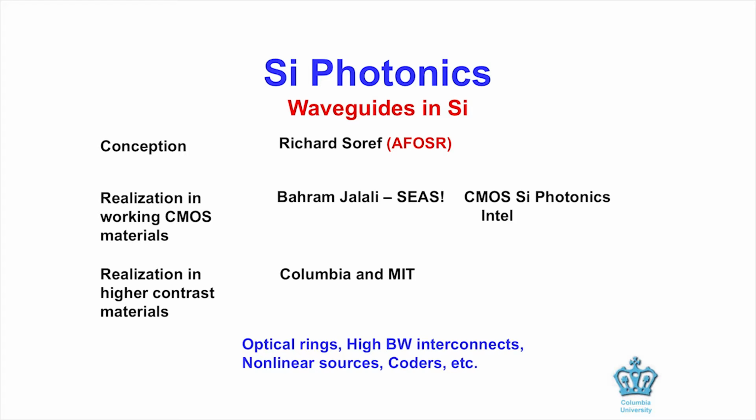And with this, you can build a tremendous number of things. Optical rings all over the place. Alex, you've done rings everywhere, and Professor Lipson as well. High bandwidth interconnects, nonlinear sources, coders, etc.